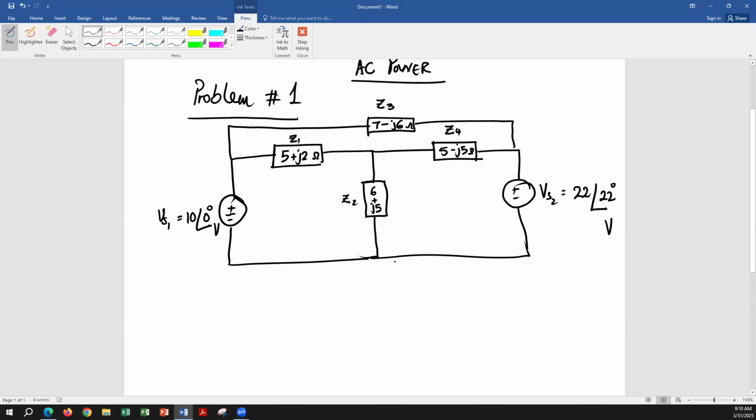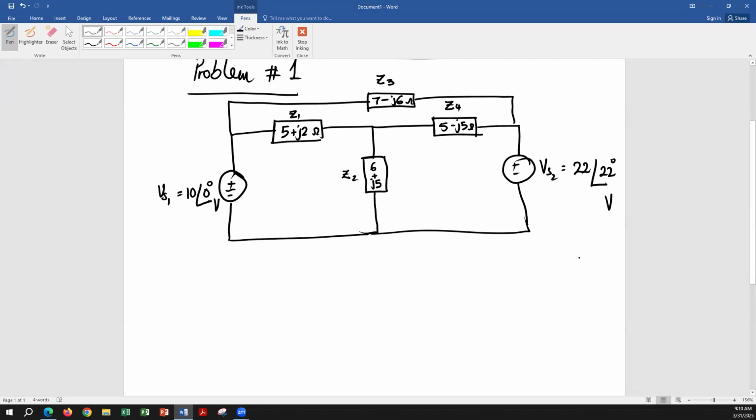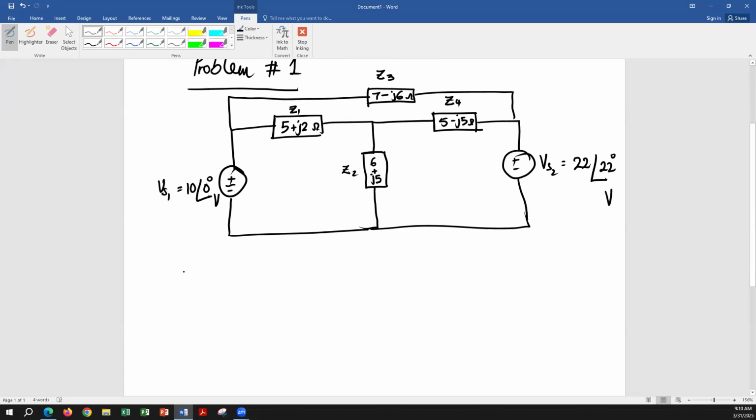Okay, this is your circuit, 4 impedances, 2 inductive impedances and 2 capacitive impedances, and 2 sources, of course. And let's say calculate.